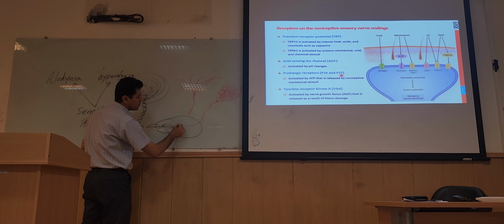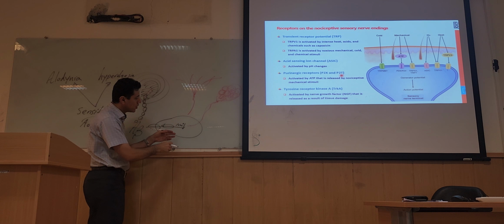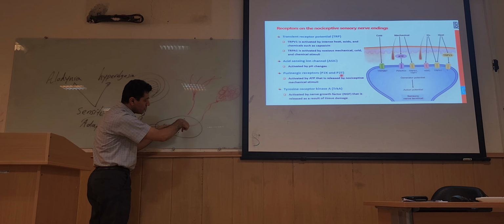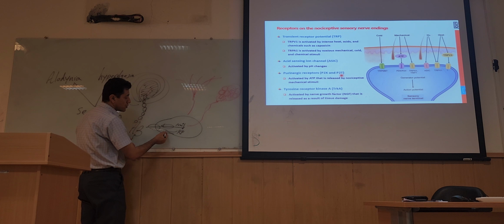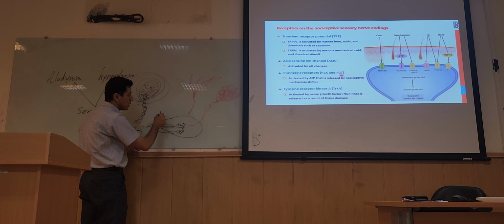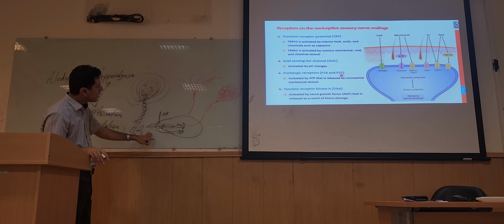In the tip, we have sodium channels that are opened by mechanical pressure, and sodium goes into the cell. We have a potential change that is called receptor potential. Receptor potential activates some other voltage-sensitive sodium channels here. They cause an action potential. So this is the mechanism for activation of the Pacinian corpuscle.